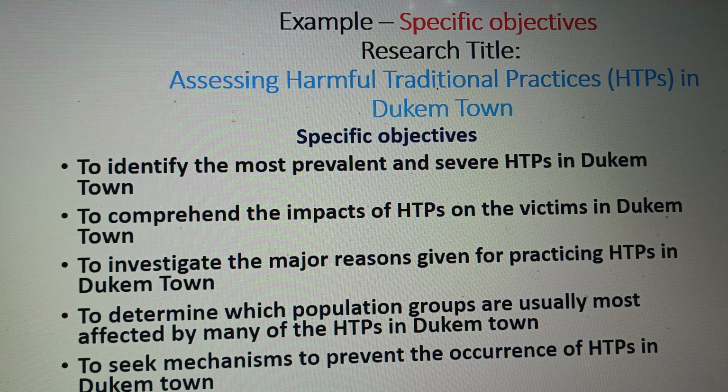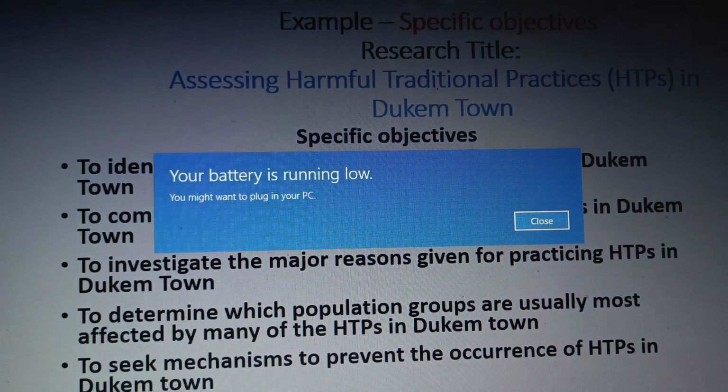The first possible specific objective may be to identify the most prevalent and severe HTPs in Dukem Town.